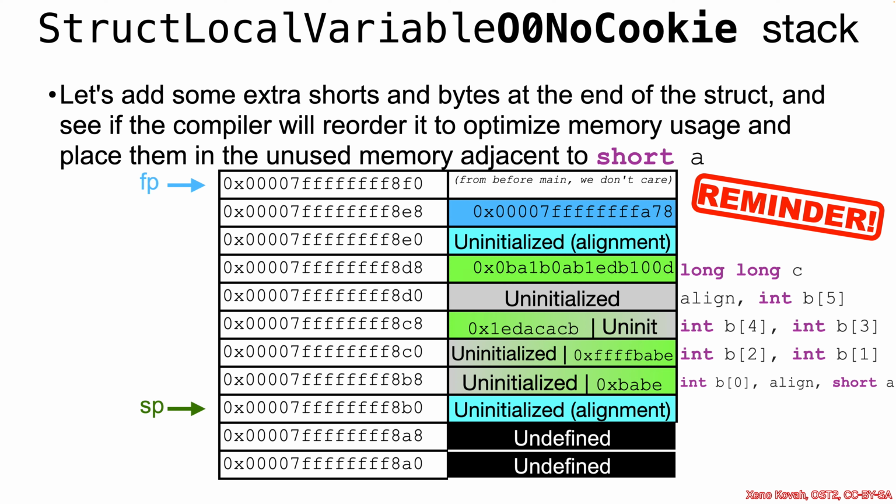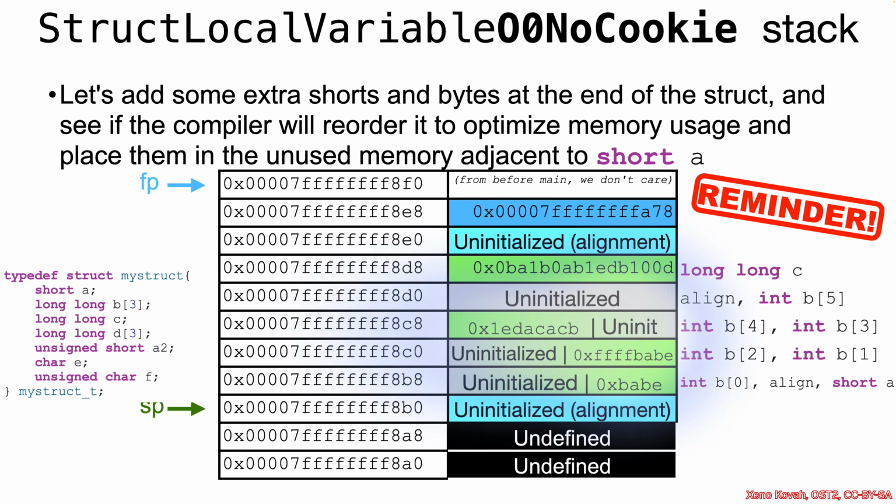So what we want to do in this upcoming example is play the same game that we played in the previous array local variable. We're going to still have A as a short as our first thing, so we expect that'll probably still go there.